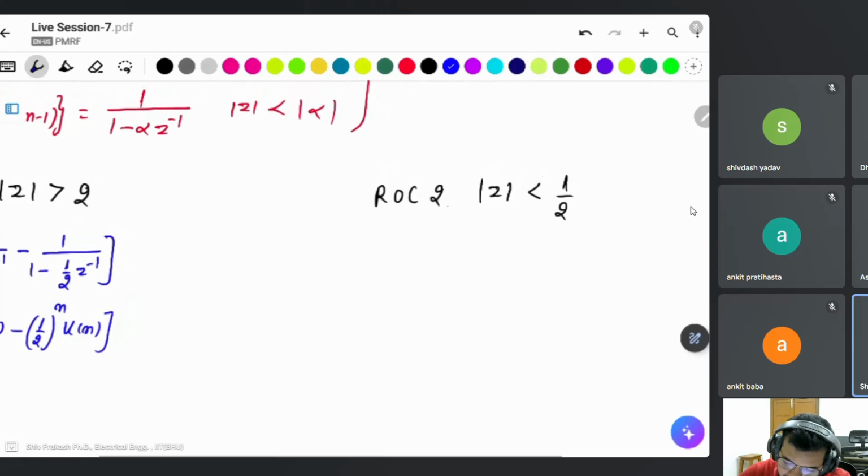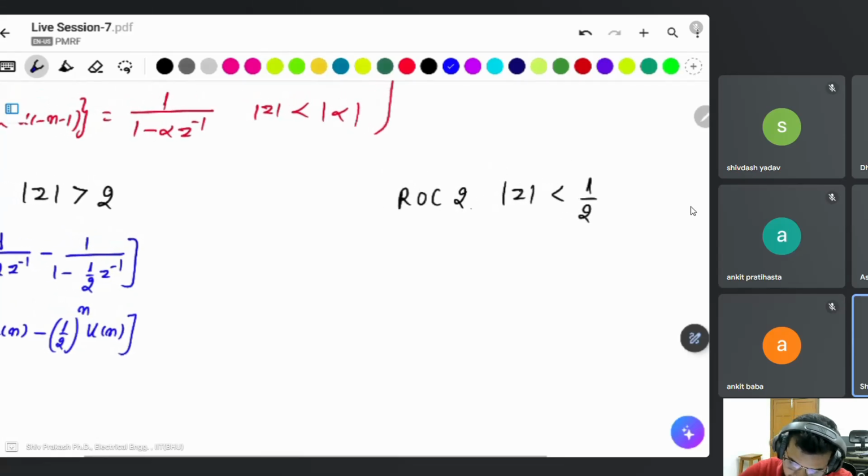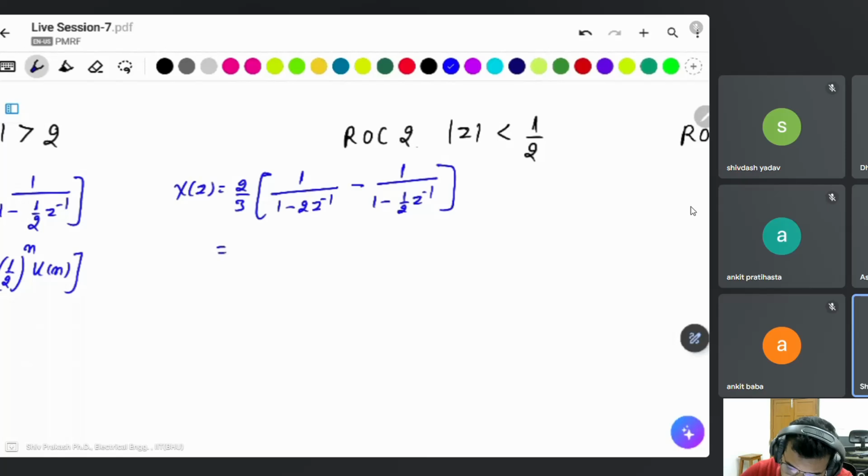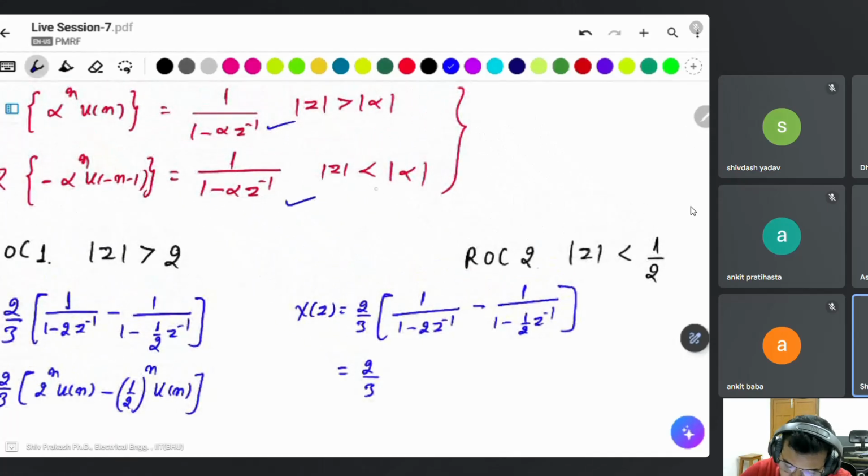Second condition, the ROC is less than half. What happens in this condition? We have 2 by 3 times [1 divided by (1 minus 2 z inverse) minus 1 divided by (1 minus half z inverse)]. In both cases you have to choose the formula for mod of z less than alpha.